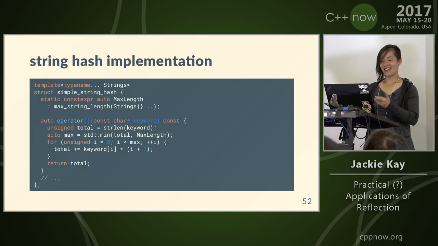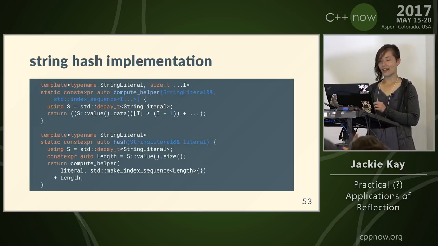I add up the value of the keyword at index i, multiplied by its index offset by 1. I can also do this at compile time. Here I'm using a custom string literal class, similar to the Hana implementation, written as an exercise for myself, but it's a different way of writing this hash at compile time.